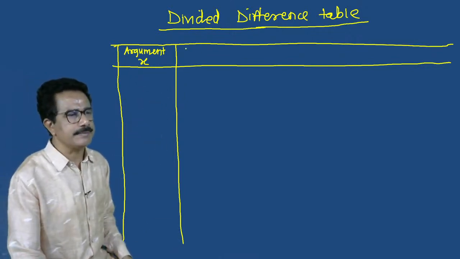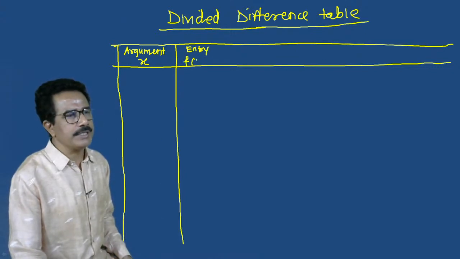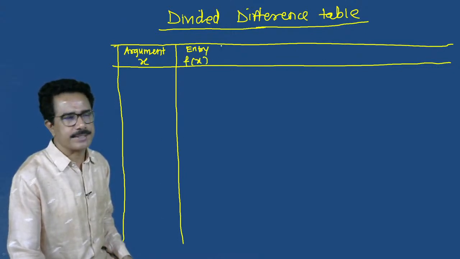Then entry means we shall denote this as f of x.